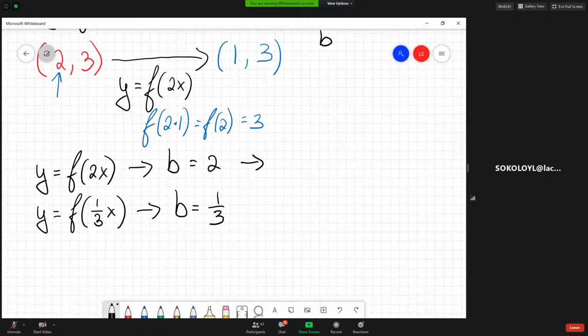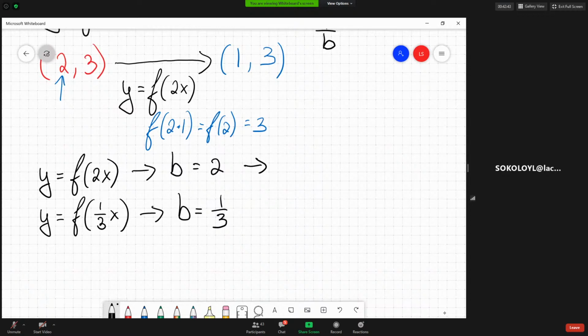So what will happen here is my x values are going to be multiplied by 1/2. So times 1 over 2. That'll be my horizontal flex. And if I'm multiplying by 1/2, numbers become smaller. Whereas here, if my b was 1/3, then I'm going to be multiplying by 1 over 1/3.